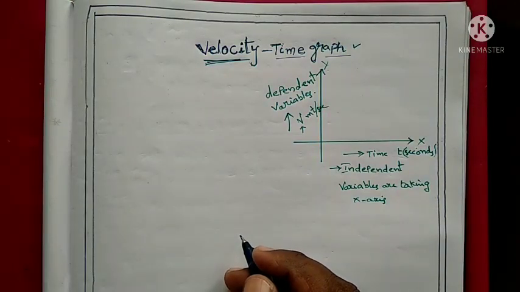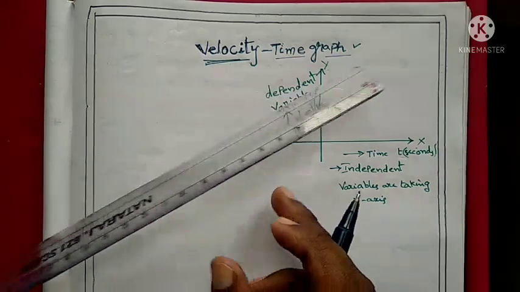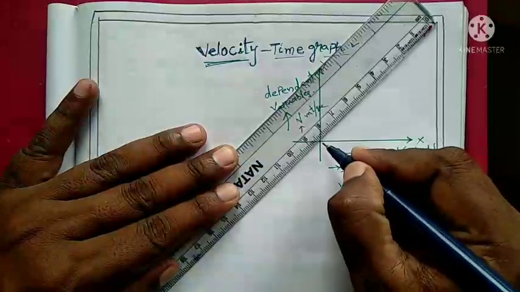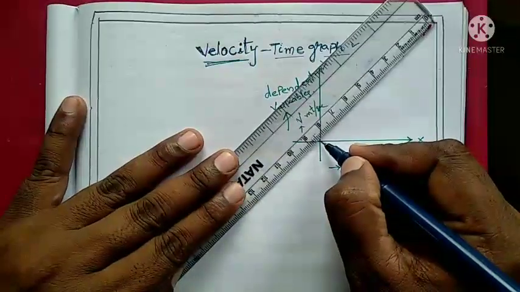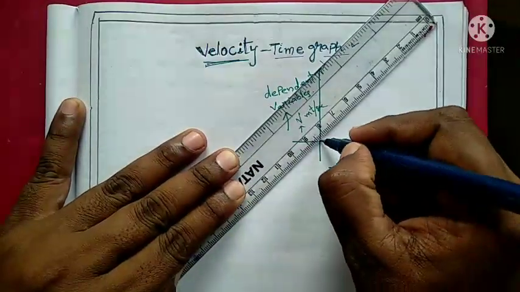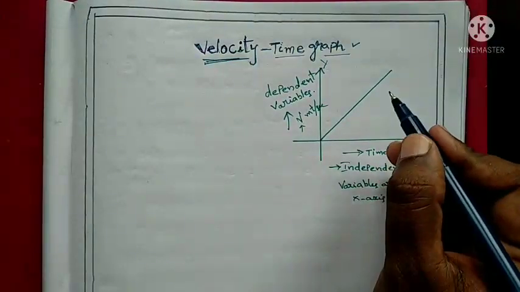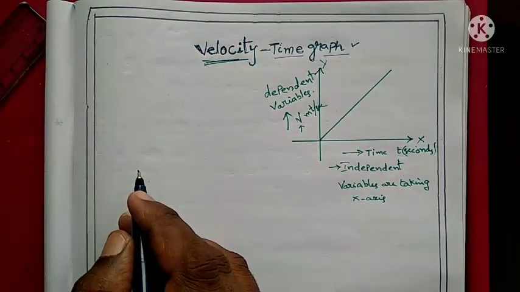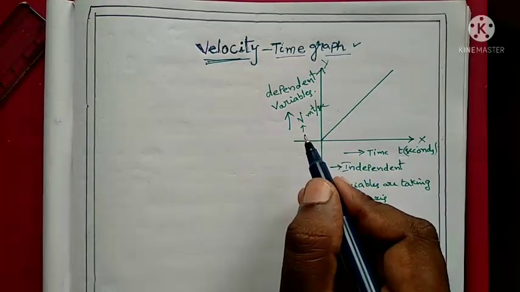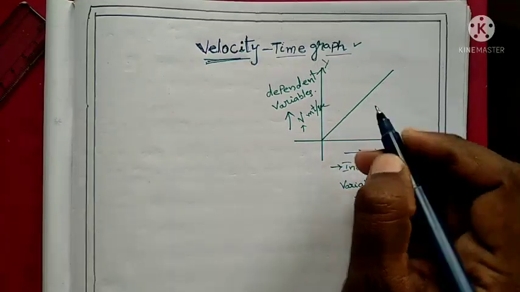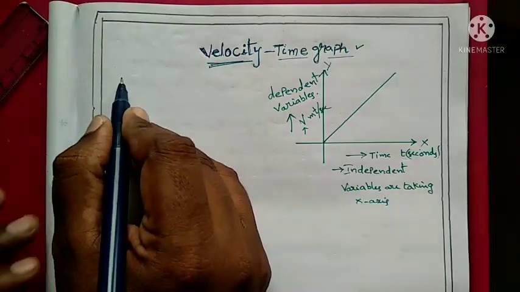Now, first of all, if you draw the graph, for example, it looks like this: a line passing through the origin, having a slope.